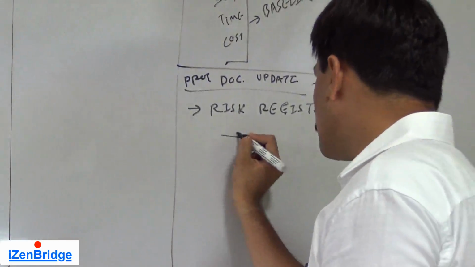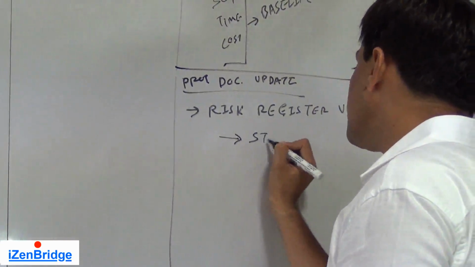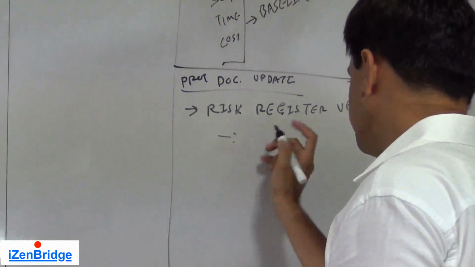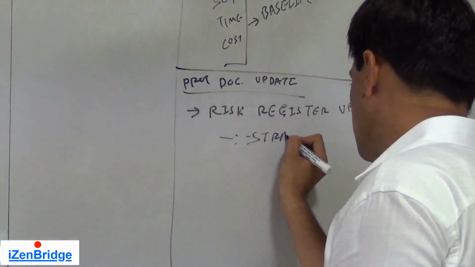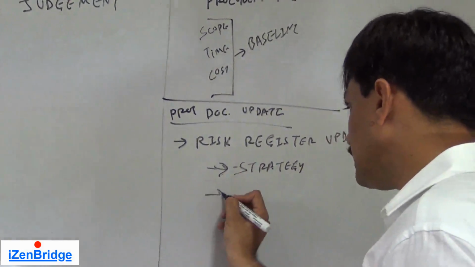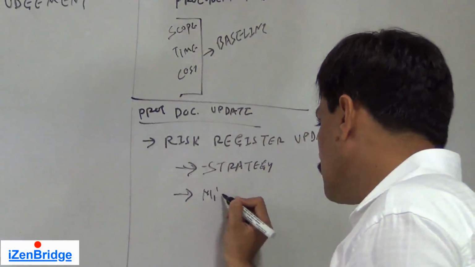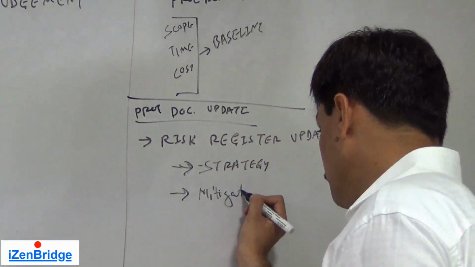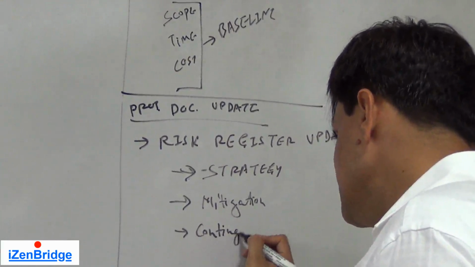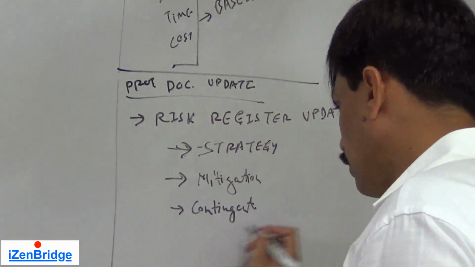Like we mention which response strategy we are taking, what the mitigation plan is if we are taking the mitigation strategy, and what the contingency plan or contingency activities we are thinking of for this.